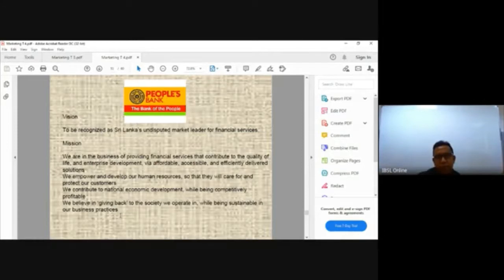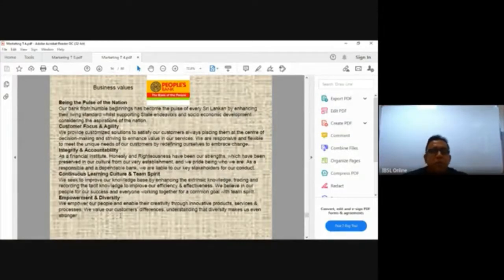Now you as bankers, you must know at least your bank's vision and mission very clearly, because then only you can represent your organization properly. I hope each one of you understands your own organization's vision and mission.